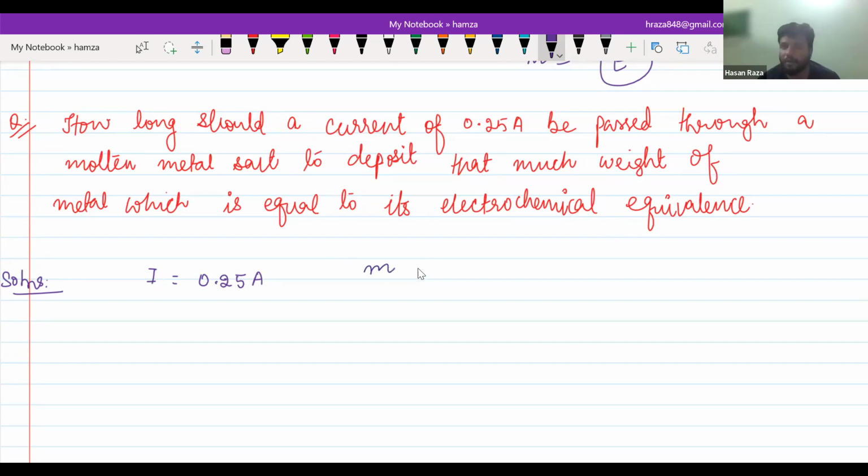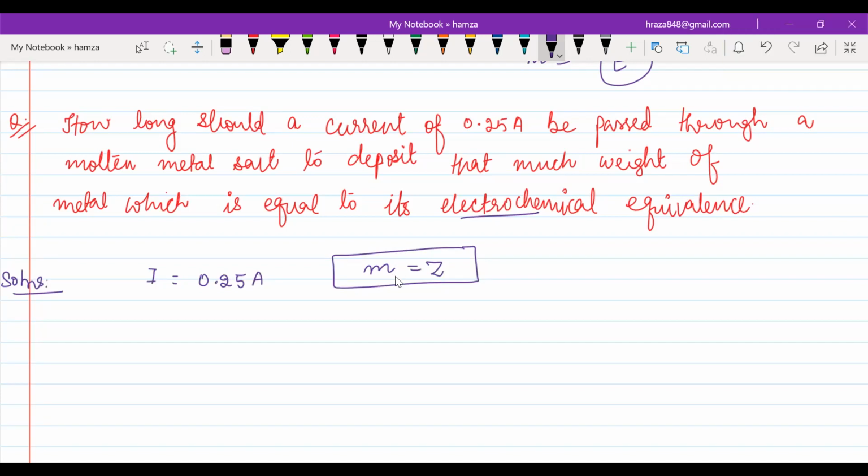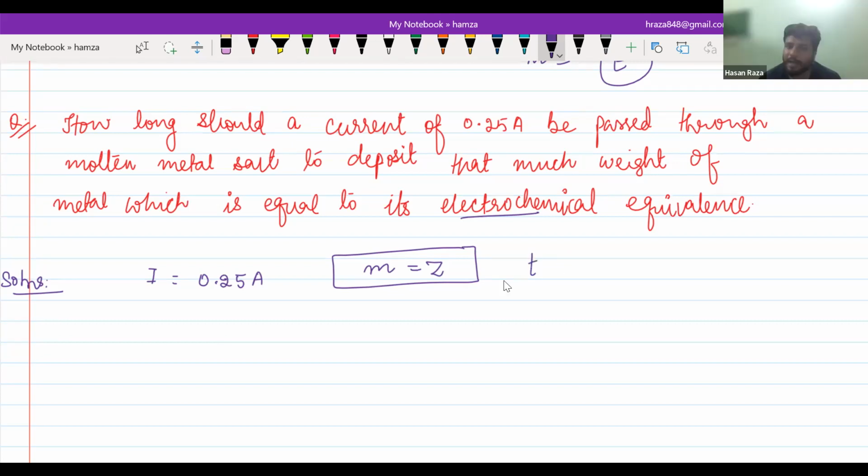That means the mass deposited will be equal to the electrochemical equivalence. According to the question, m is equal to z. Yes or no? Yes, sir. Now we need to calculate time. You know the formula m is equal to z into q, and in place of q I'm going to use I into t because we need to calculate t.